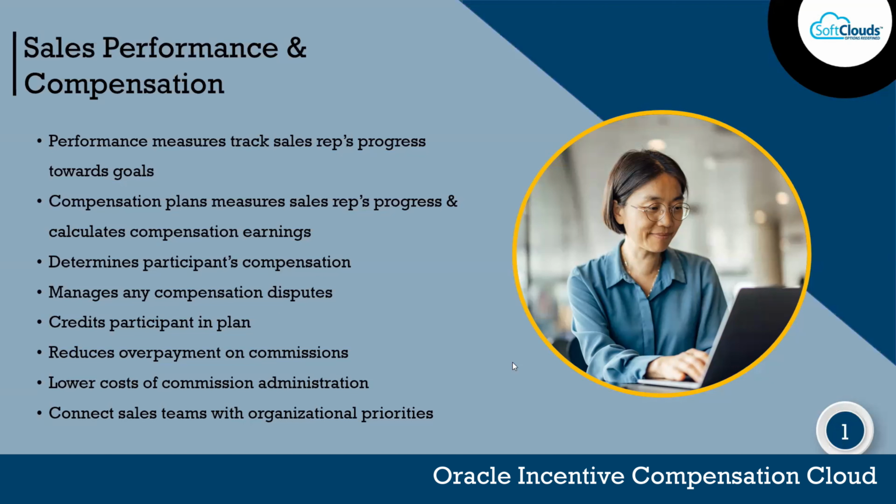So the sales performance platform really allows the company to measure and track progress towards goals. And this is done in 2 different ways, really. It's done for the company to be able to measure performance towards goals, and it's also done for those who are receiving the compensation.